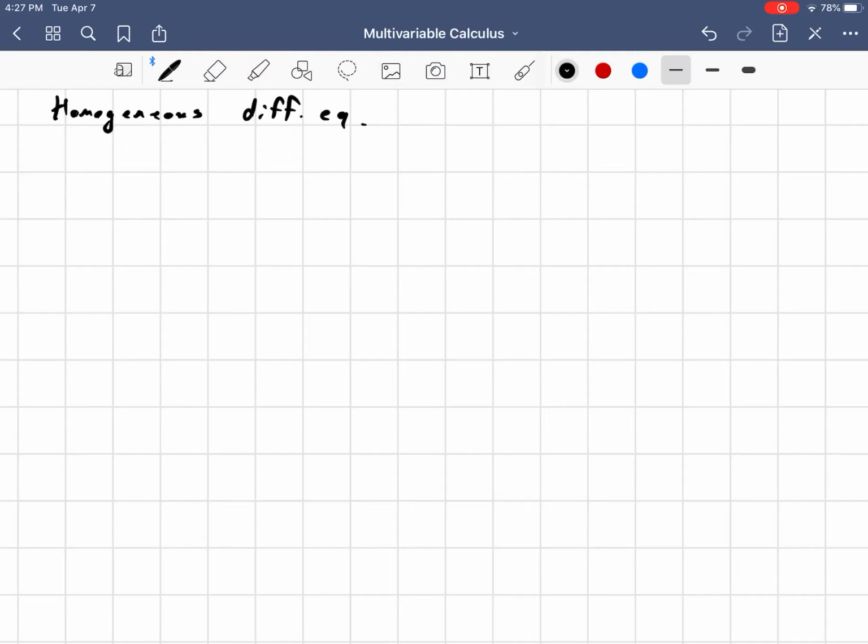So if we think of the sides as multivariable functions, f of x comma y, in other words, you put in an x and you put in a y and you get an output.